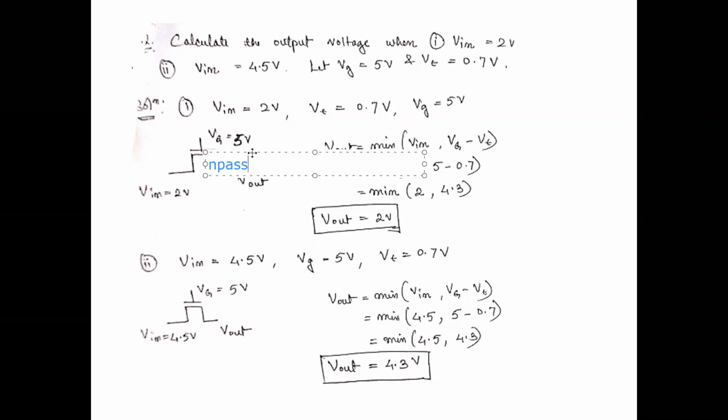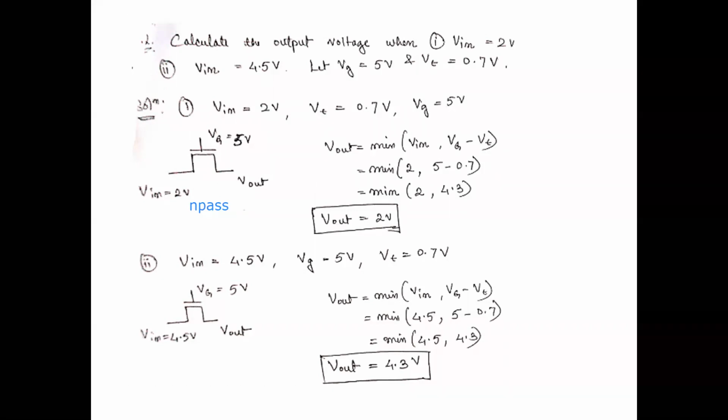For an N pass transistor, this will be the circuit. They have given Vg is 5 volt and Vt is 0.7 volt. V in in the first case is 2 volt. What is the output voltage for an N pass transistor?